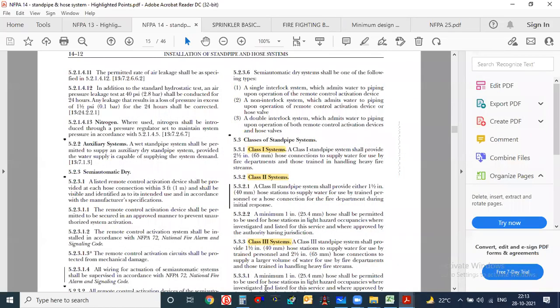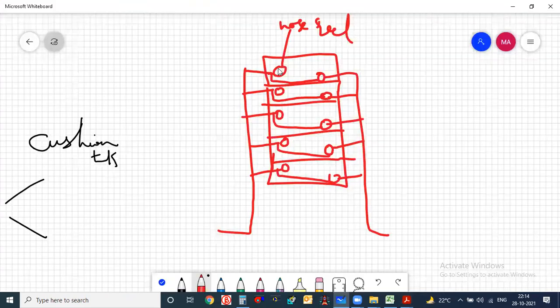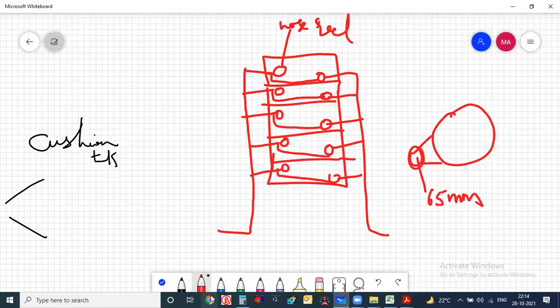The simple definition of class 1 is that if the pipe size is 2.5 inches, a class 1 standpipe system shall provide a 2.5 inch hose connection. Whenever you are going to the hose, near the hose we have to connect one pipe actually. So this diameter will be 65 mm. So this is talking about this. Let us check here also.